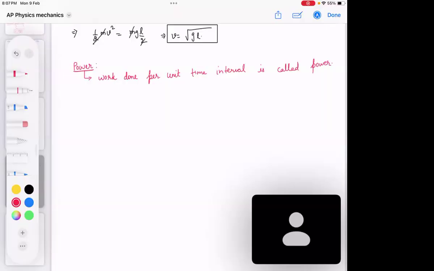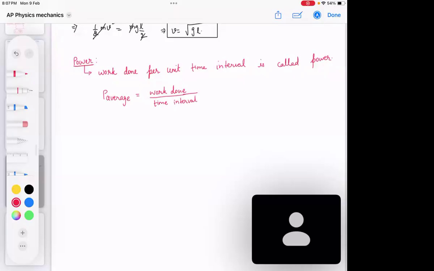That means we can define the power in two ways. Let's call the first the average power. The average power means how much work has been done divided by the time interval. Whenever we talk about something average, the time interval is relatively large.